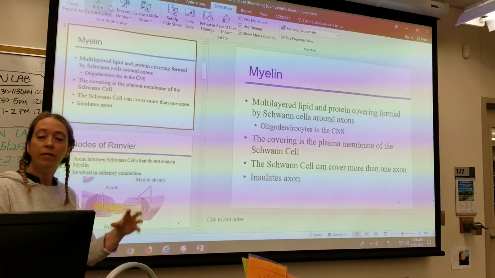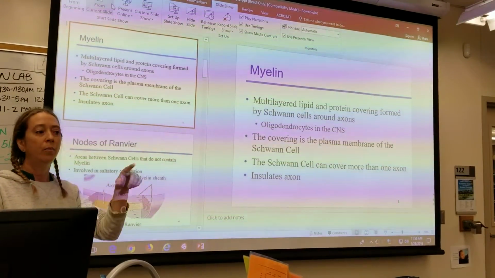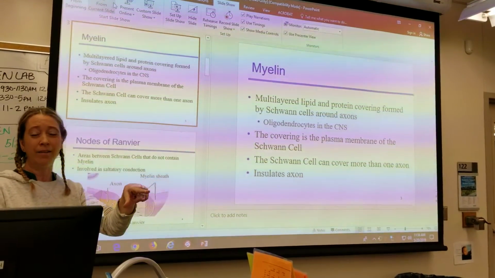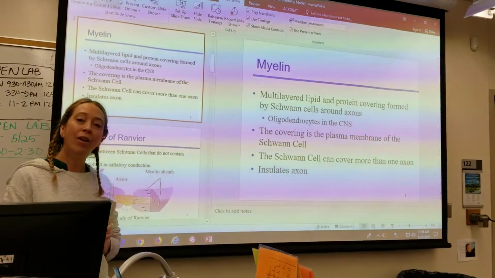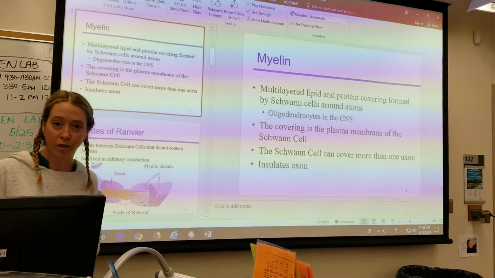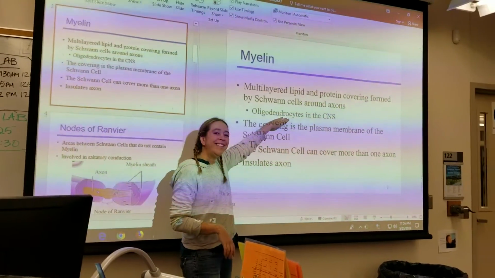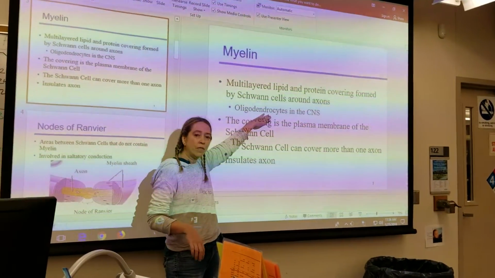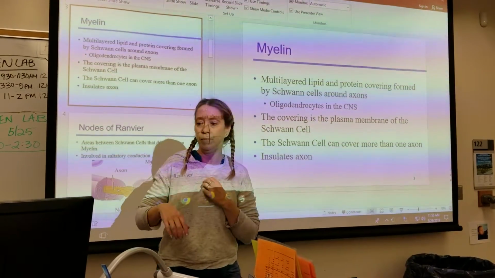Not only is it insulative, so you could be asked what is this substance, it's myelin. But don't forget, it's Schwann cells out in the PNS. In the CNS, in the brain and spinal cord, the cell name that wraps with myelin, they're called oligodendrocytes. So I think that might be on here. So if you're in the CNS, the central nervous system, they're oligo. If they're in your peripheral nervous system, they're Schwann cells. Okay?